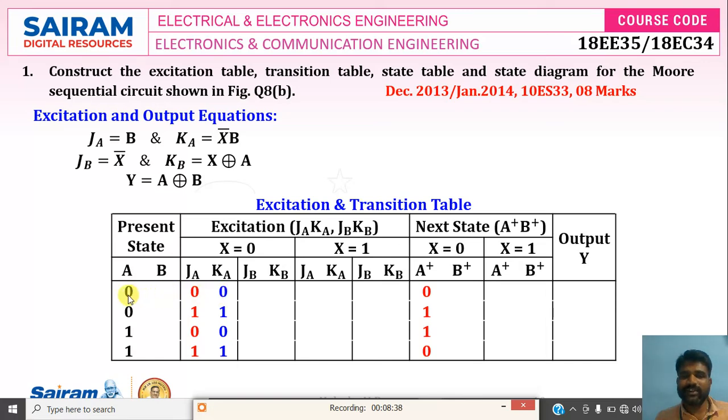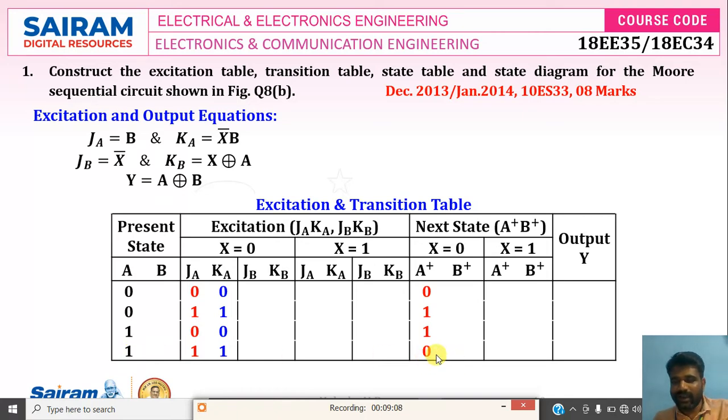Here present state is 0, so next state is also 0. Next combination 1 1 means toggle, the complement of present state. Here A is 0, A plus is 1. Next is 0 0, same as present state, so here it is 1, here also 1. And next it is 1 1, toggle, so here it is 1, here it is 0.